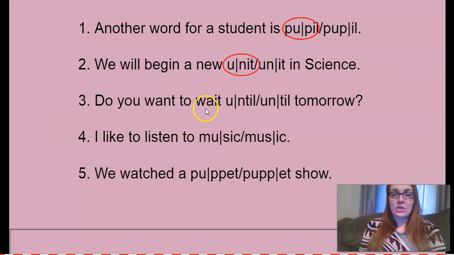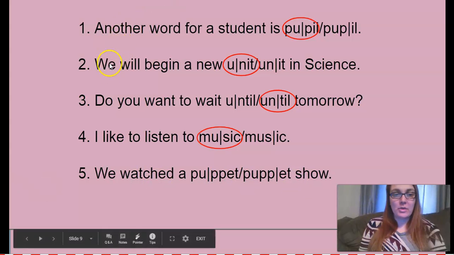Number 3, do you want to wait until or until tomorrow? Yeah, until. Okay, 2 more. Number 4, I like to listen to music or music? Good. Music. And number 5, we watched a puppet or a puppet show. Which one? Puppet or puppet?